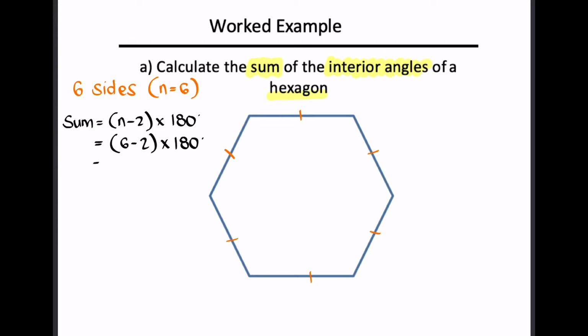So 6 minus 2 is 4, times 180 degrees. So therefore the total, or the sum of the interior angles of a hexagon, comes to 720 degrees in total. So if I were to take angle 1 plus angle 2 plus angle 3 plus angle 4 plus angle 5 plus angle 6 of this hexagon, I would get a total of 720 degrees.